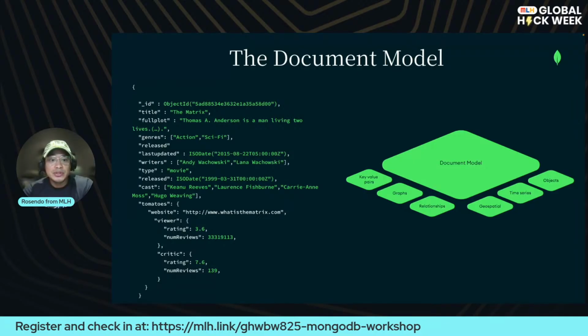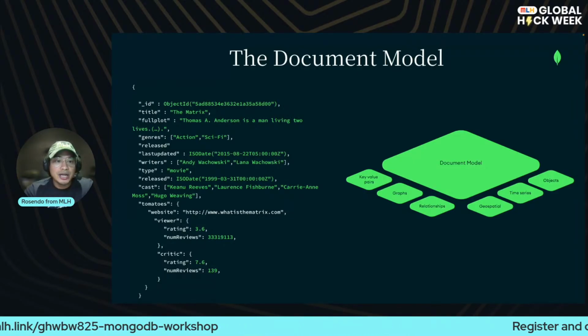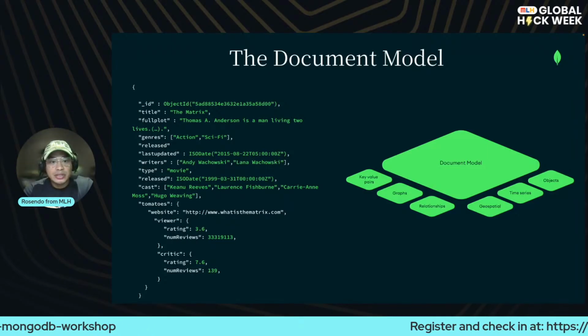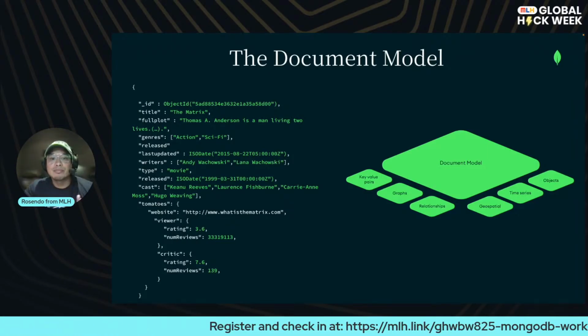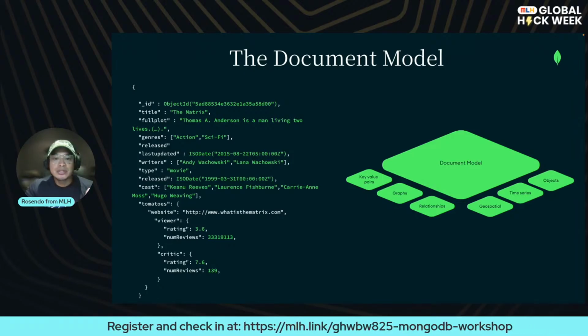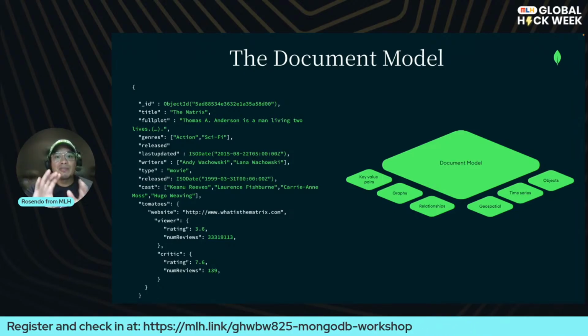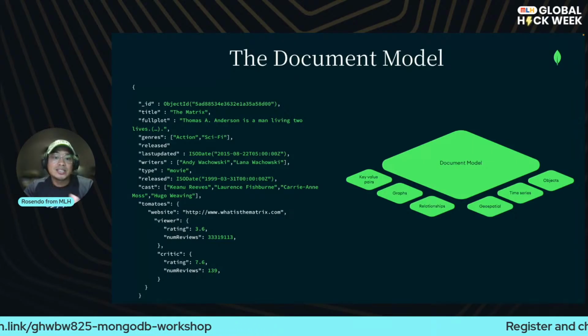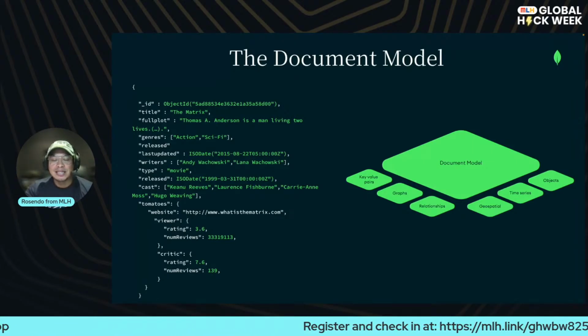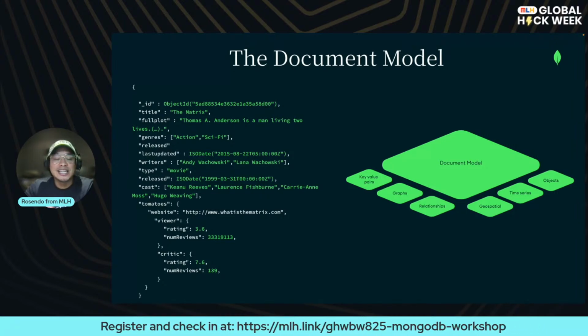From this diagram, you can see that whether you're storing simple key value pairs, nested objects, graphs, time series data, or geospatial information, all of it fits naturally into the same document structure. So what does this mean for you as the hacker? This means that you can model both structured and semi-structured data without having to do data gymnastics to force everything into rigid tables or super complex schemas, as I've alluded to throughout the presentation thus far.